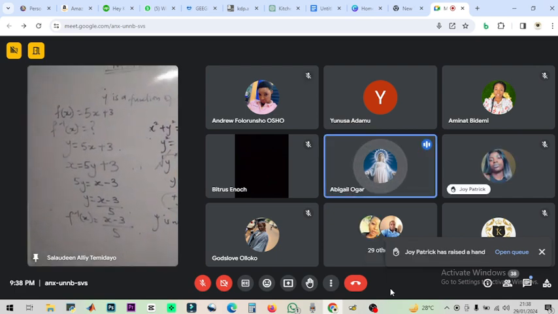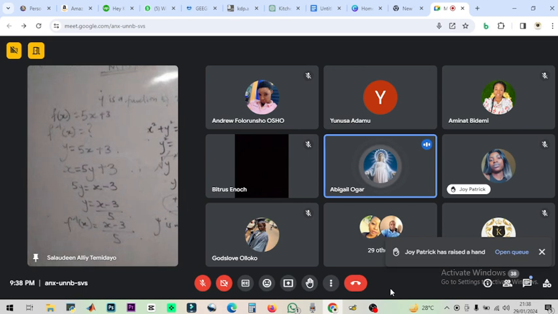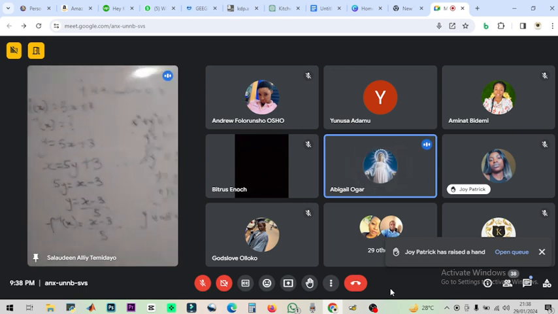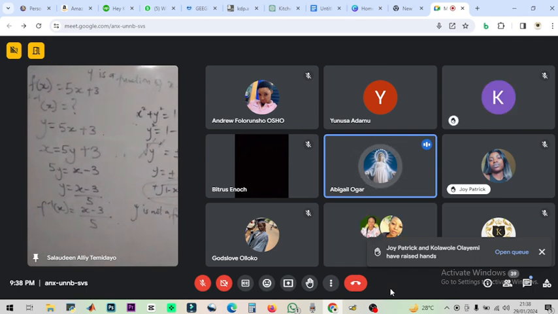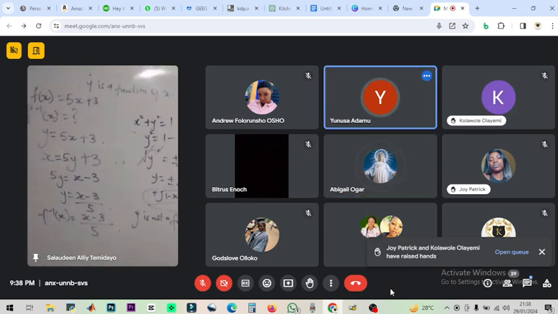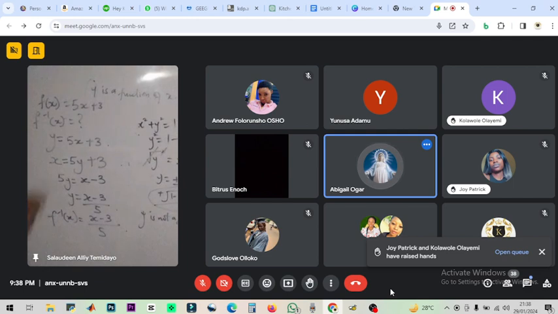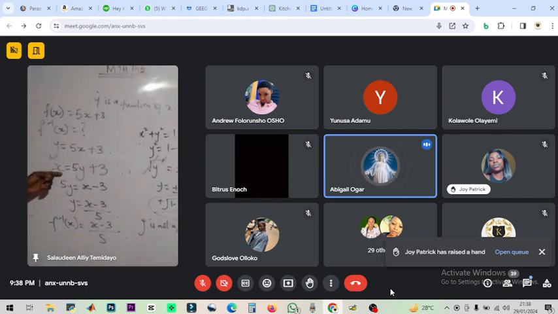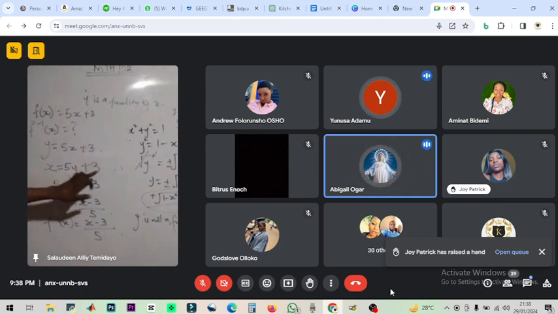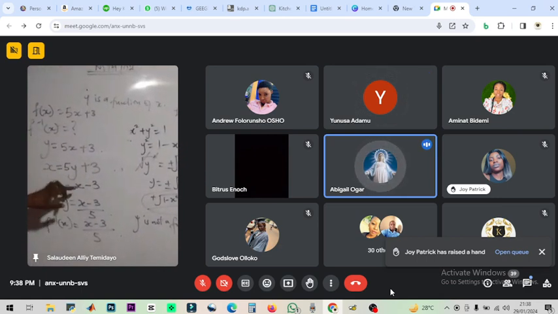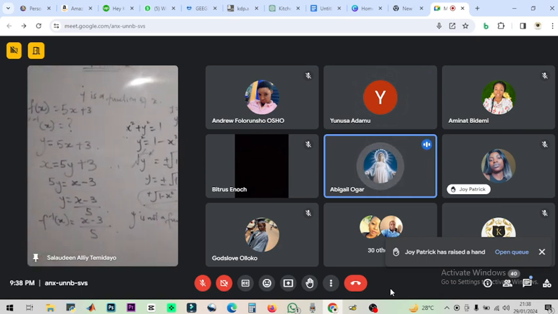Please, when you change, you swap the y and x. I thought while swapping the sign changes, because if you get to the third line, where you make 5y the subject, you brought this x to this side and the sign changed, now x minus 3.